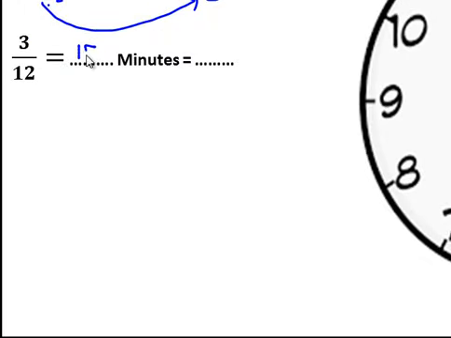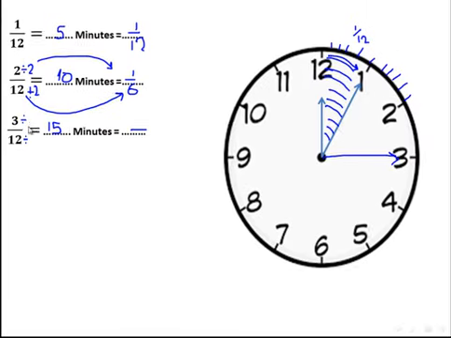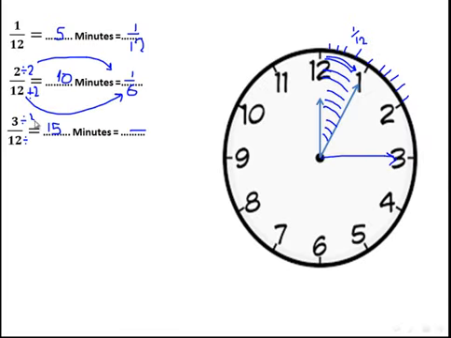Great. 15 minutes. 15 minutes equals what? Let's simplify this fraction. 3 divided by what? And 12 divided by what? 3 divided by 3 gives you 1. And 12 divided by 3 gives you 4.